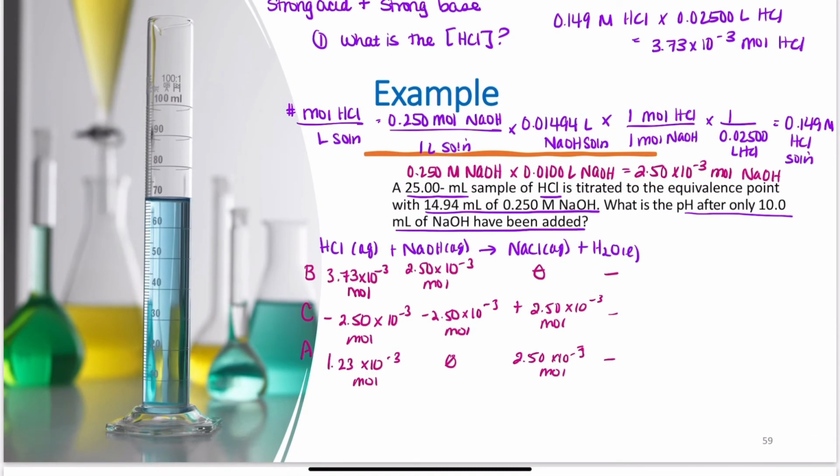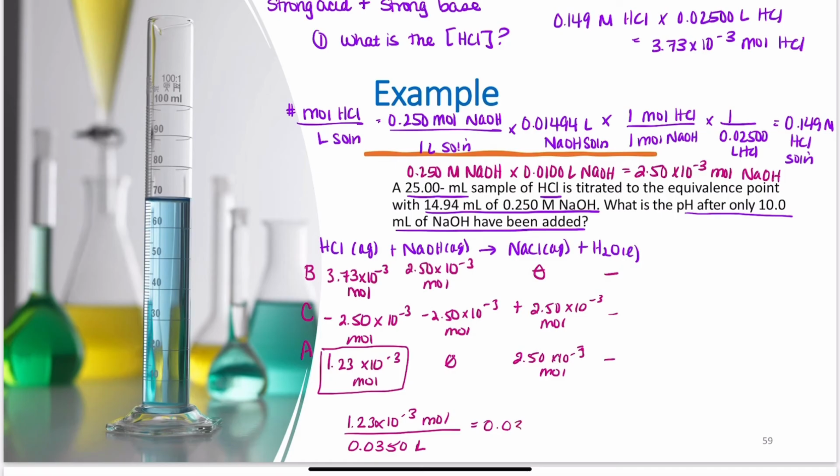Now I need to find pH. I have the moles of HCl I have in solution at the 10 mL mark. There's no NaOH left, so that moles of HCl is what's going to control the pH. But I need to figure out the new molarity. 1.23 times 10 to the minus 3rd moles. At this point, I've combined 25 mL of HCl and 10 mL of NaOH, so 35 mL of total solution, which is 0.0350 liters.